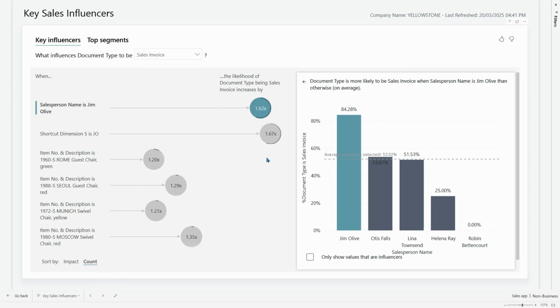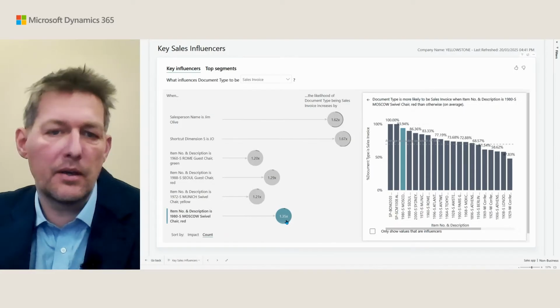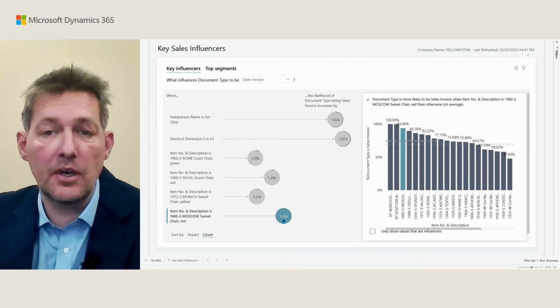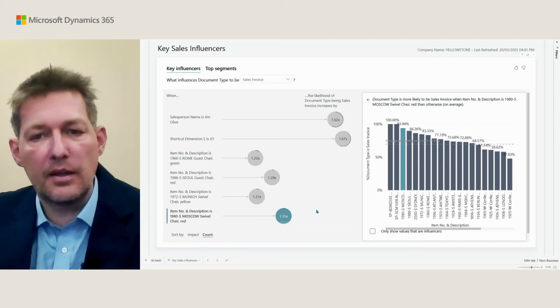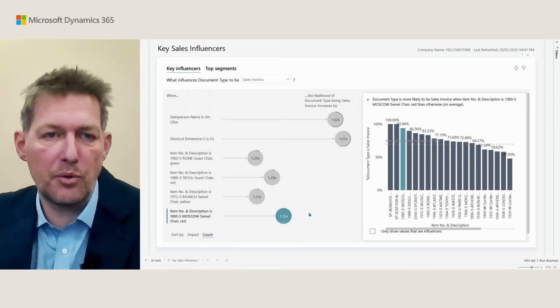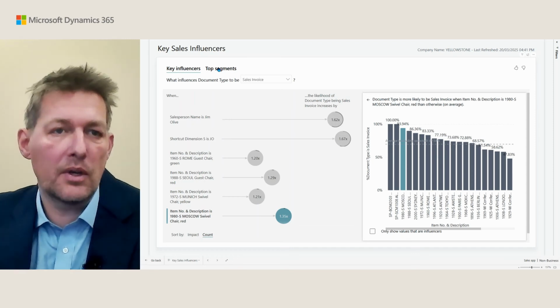It wouldn't have to be, depending on your data. You can see, for instance, for item sales, that there are 4 items that are leading. So if the sale is about a Musco swivel chair in red, it's 1.53 times more likely to sell than the average population. So that's the key influencer report.